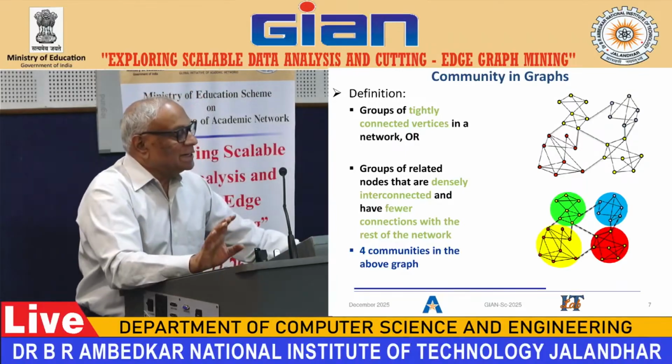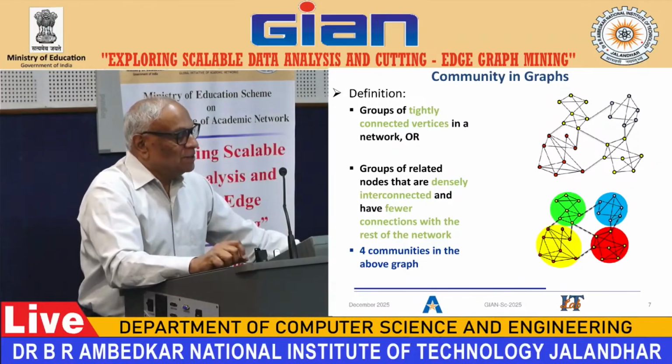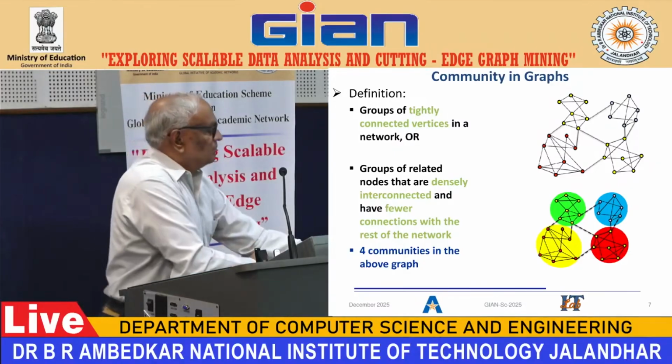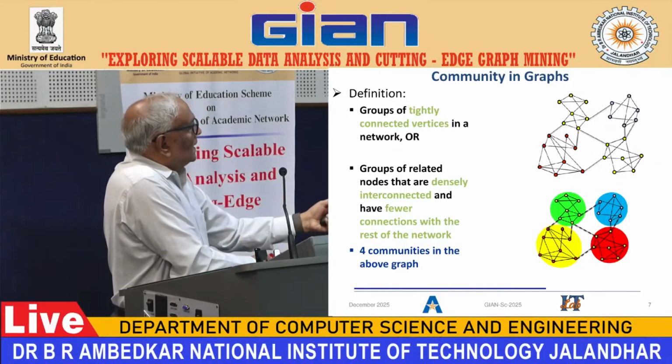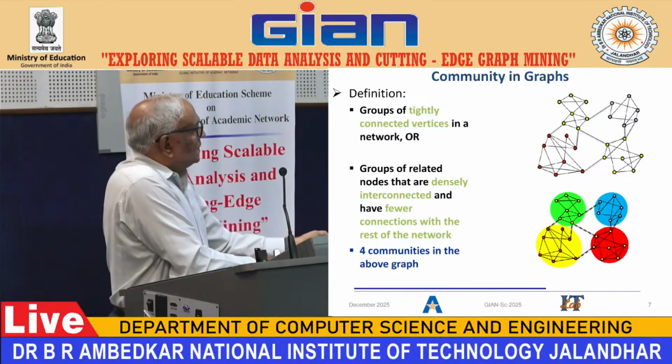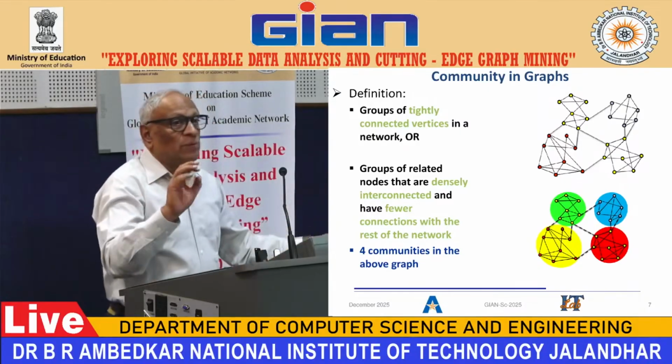Groups of tightly connected vertices in a graph. So you can sort of estimate. You can see that here is a group of nodes that are tightly connected. Here is a group of nodes that are tightly connected. Here is another group. But across these, there is connectivity, but very small.